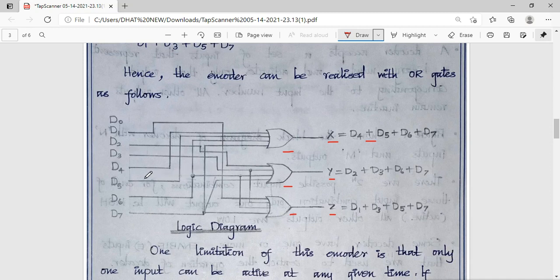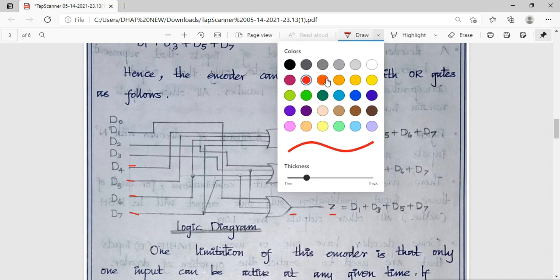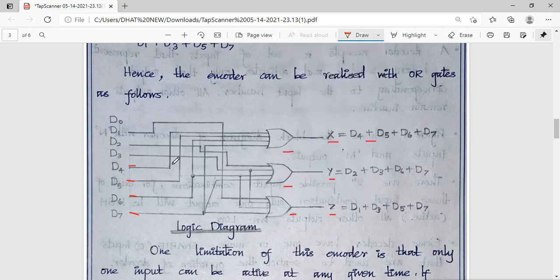Now we will connect the input lines. For X, it is D4, D5, D6, D7. These 4 lines are connected to X. And then Y is D2, D3, D6, D7.